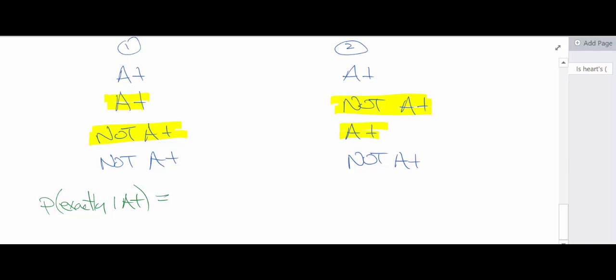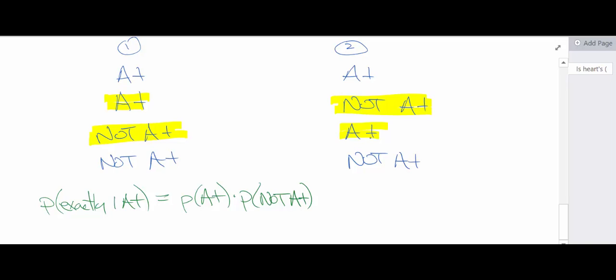I'm just going to multiply those probabilities together. So the probability A plus times the probability not A plus, plus the probability not A plus times the probability A plus.